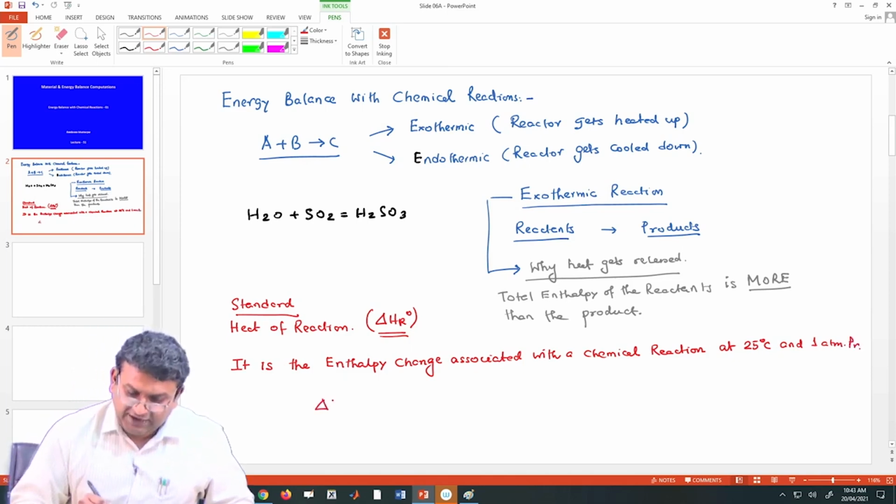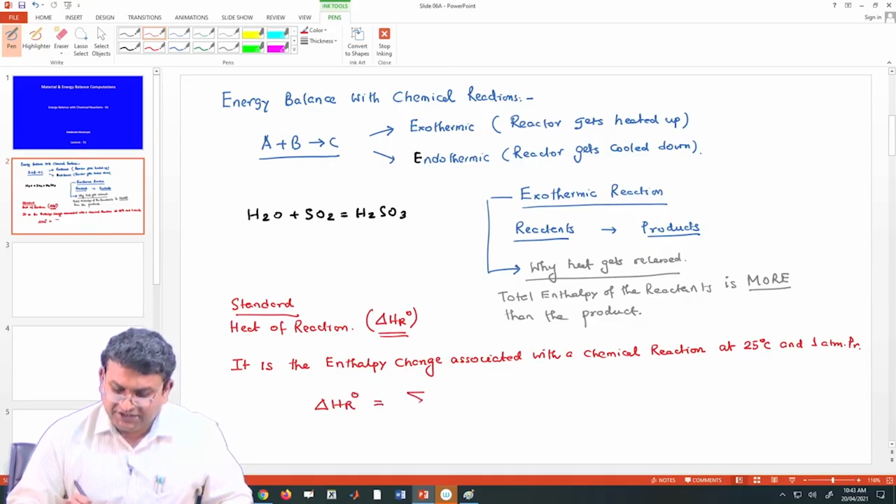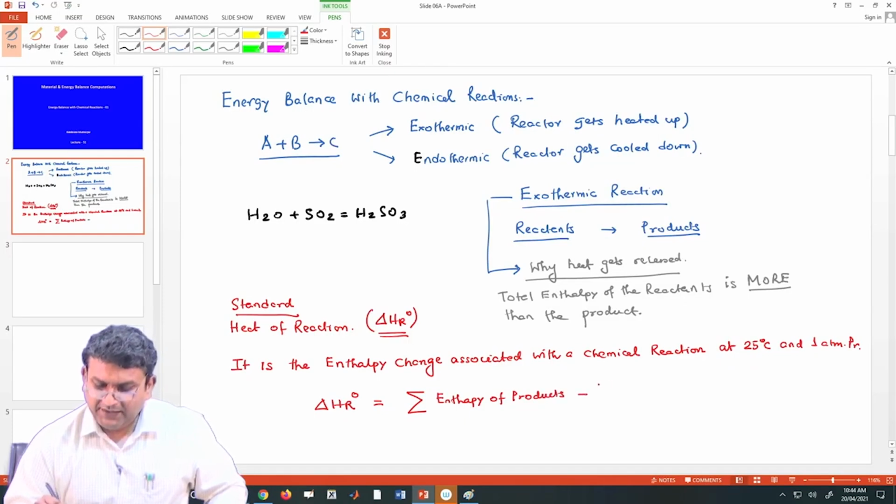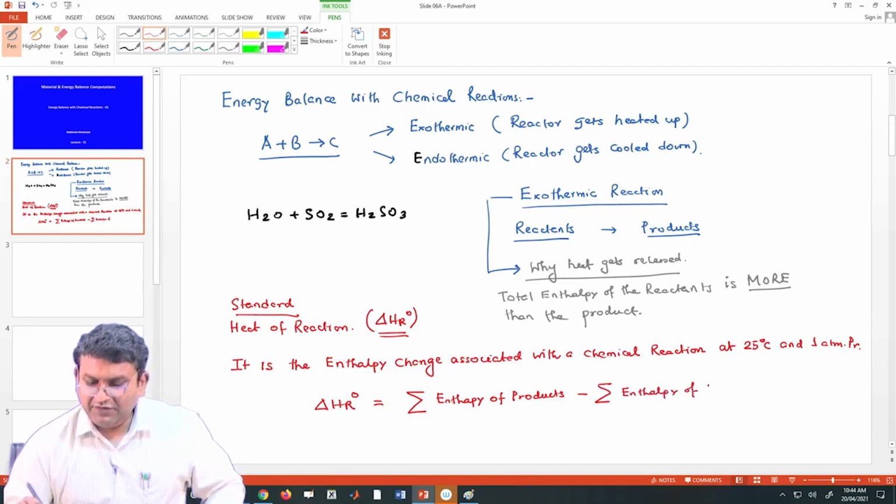So, loosely writing, it is equal to the summation of enthalpy of products minus the summation of enthalpy of reactants.